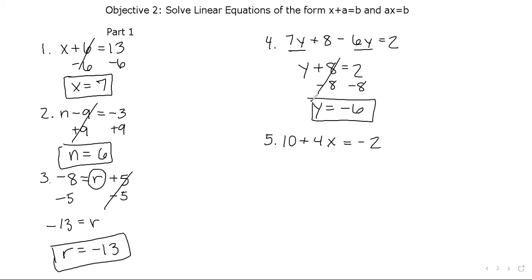So sometimes, and be ready for it, you're going to have to do some simplifying before you start moving things or canceling things out. Now let's look at number 5. Number 5 is going to kind of segue us into the next part. So think about the star of the show, which is the x. We want to get everything away from the x so that the x can just be center stage and do what they need to do.